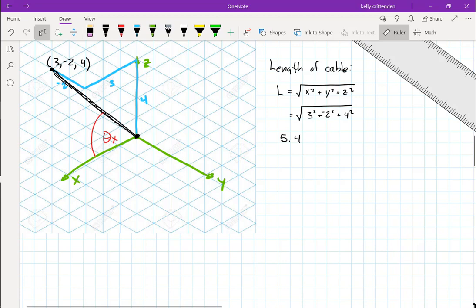The cable is going kind of back to the left, so it's not in the xz plane, but I'm still going to measure theta x as if I created a plane between the x-axis and the cable. So I created this plane over here that's kind of tilted to the left a little bit, and I'm measuring theta x in that plane.